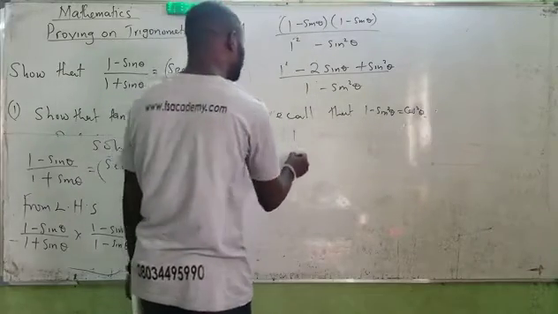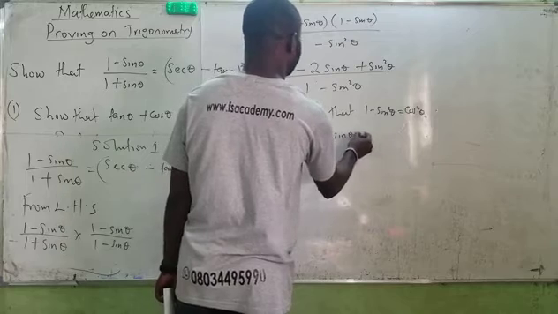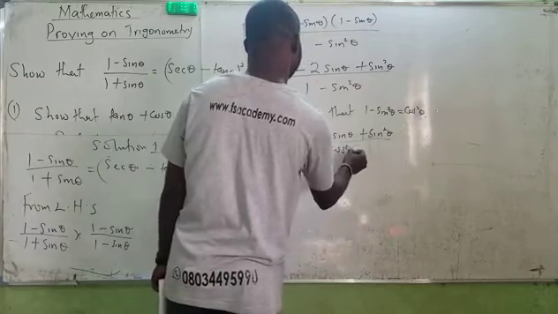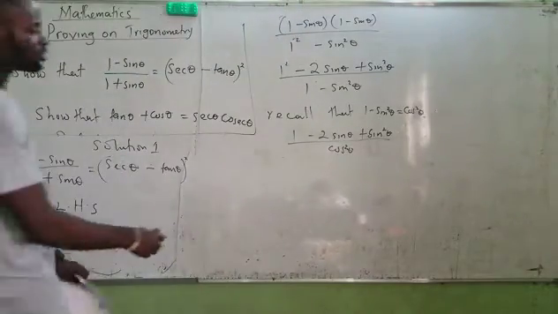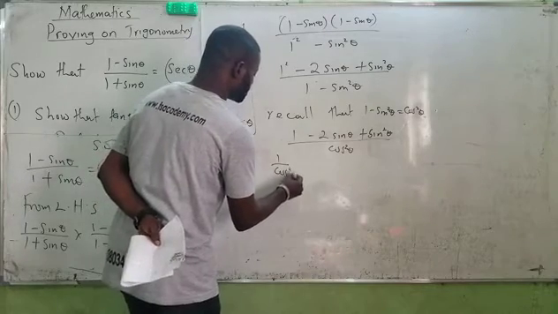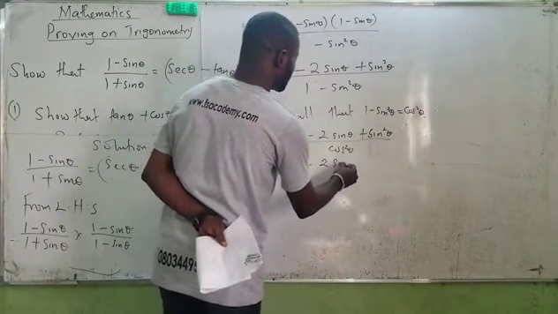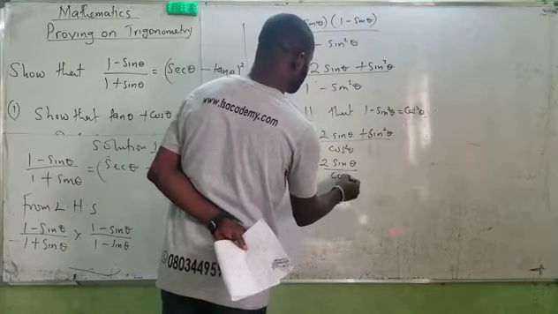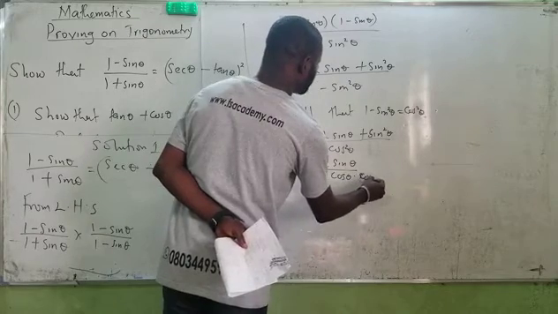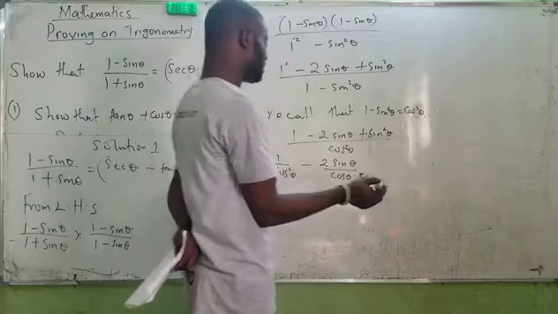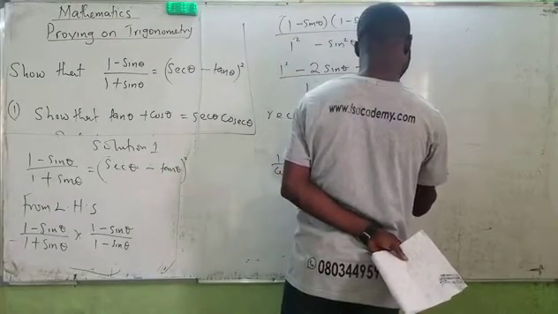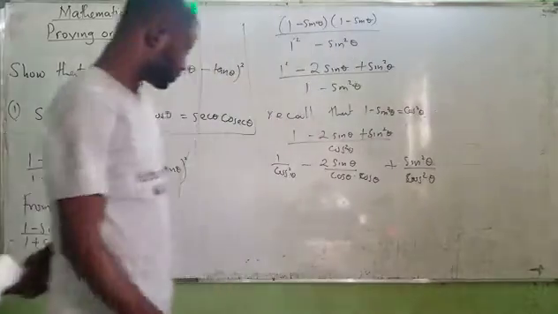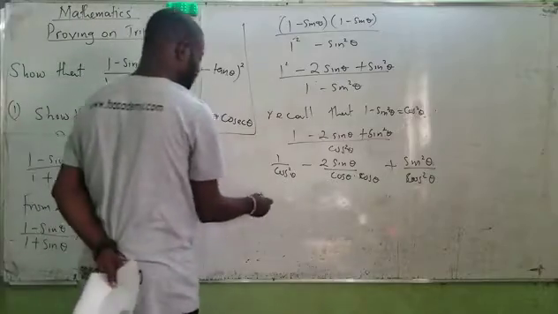So I have 1 minus 2 sine theta plus sine squared theta divided by cos squared theta. Now, I can move on by having 1 over cos squared theta minus 2 sine theta all over cos theta cos theta, and also plus sine squared theta all over cos squared theta.